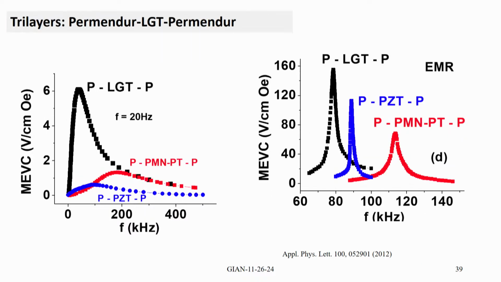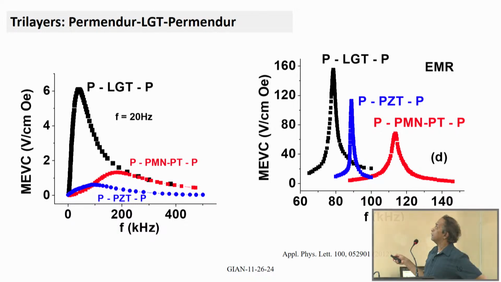And this is trilayer, so there is no bending resonance. These are resonance voltage coefficients at longitudinal resonance for trilayers with LGT, PZT and PMN-PT. So, every time the LGT one wins out, it is better than the other two. And these are the low frequency values.